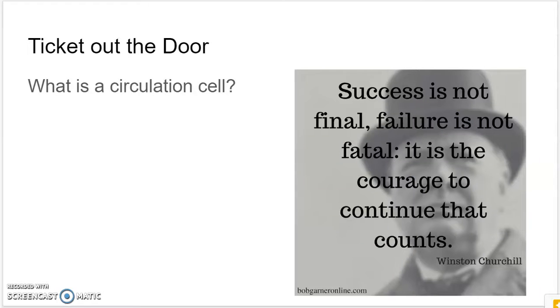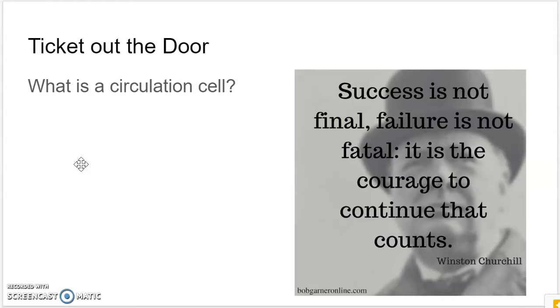So final question, ticket out the door. What is a circulation cell? Good. And hopefully we've learned what a circulation cell is now. A circulation cell is the way the global winds move. The global winds move because of both temperature differences and the Coriolis effect.